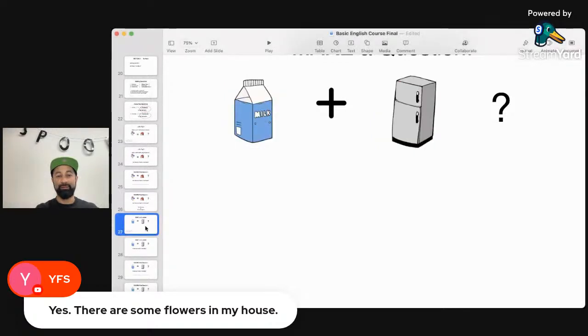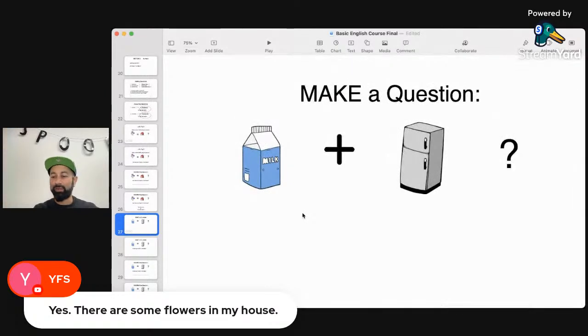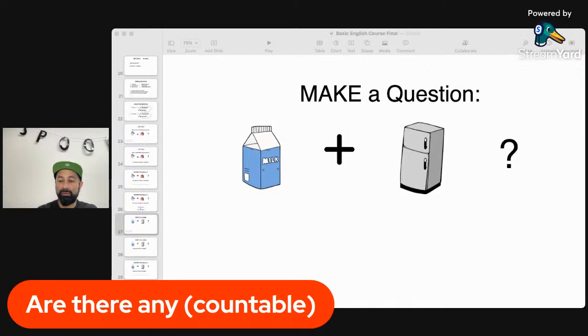All right, let's look at the next one. Please make a question. XYZ: yes, there are. Excellent. Please make a question. So you can see what the noun is because it's written on that carton. It's milk. Now you have to figure out, is milk countable or uncountable?